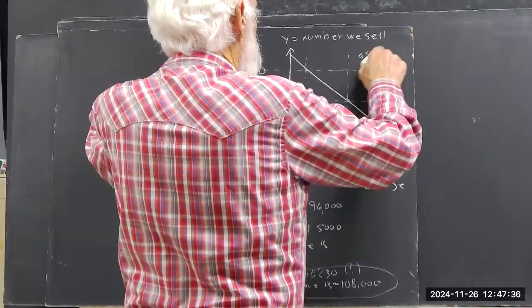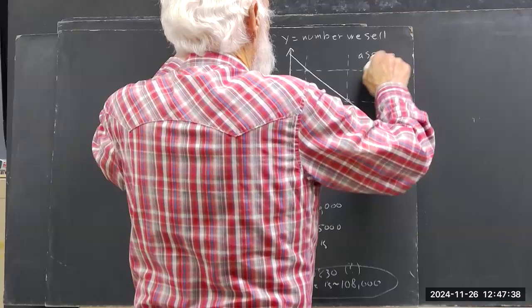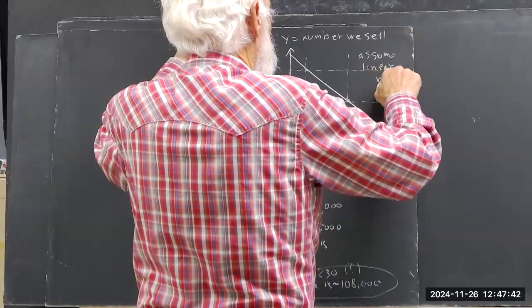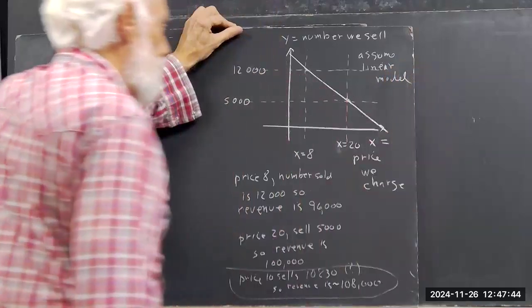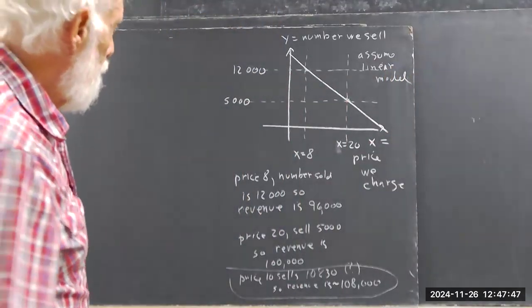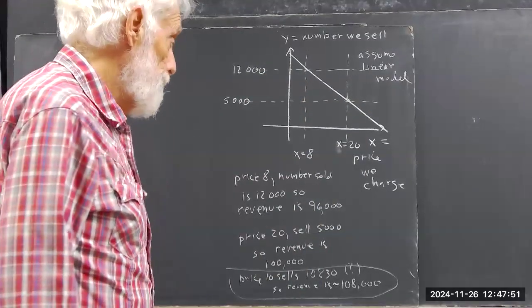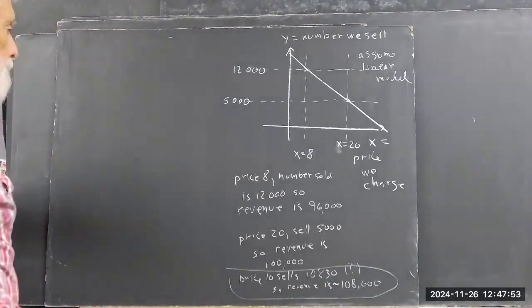So we assume a linear model. And now we want to find the equation of the straight line between these 2 points.